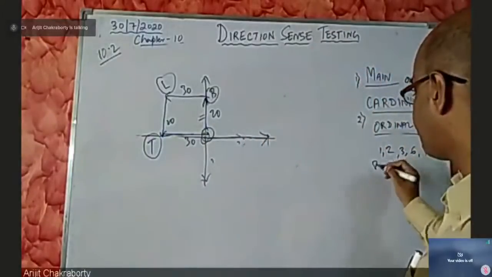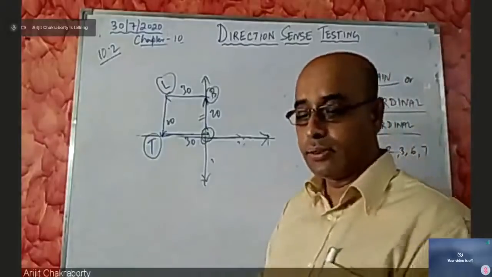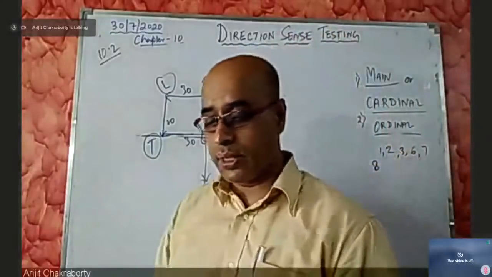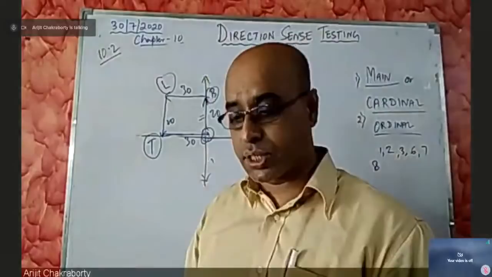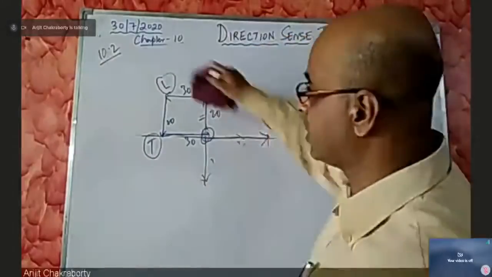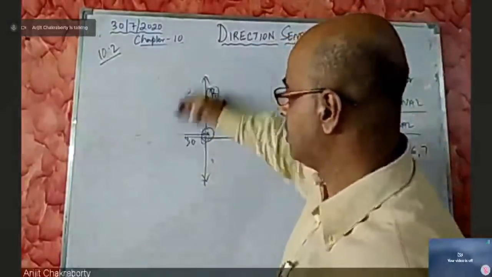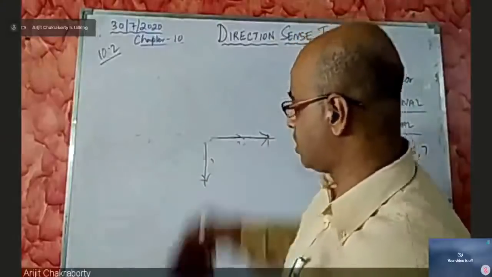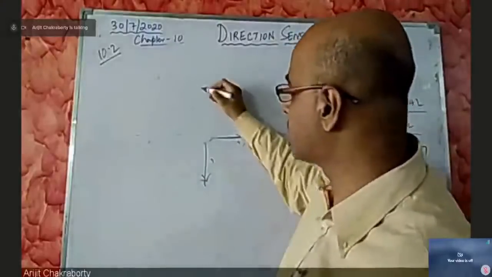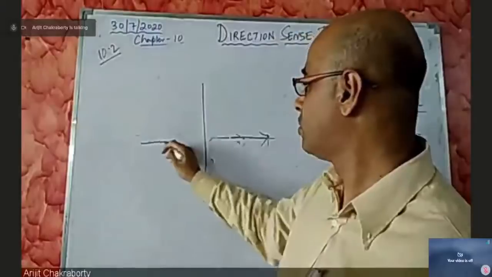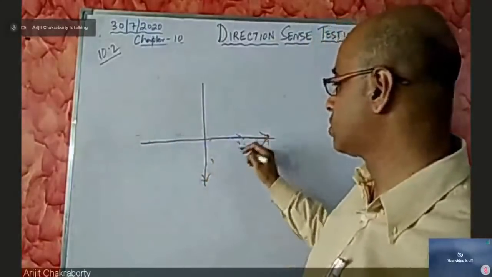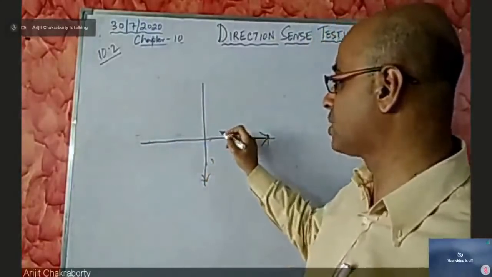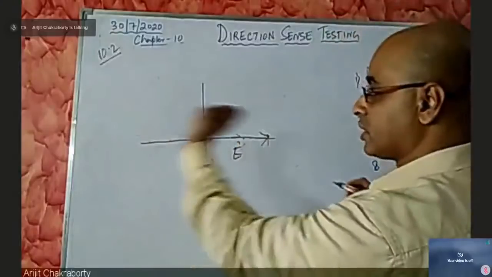Question number 8. A man is facing east. Okay, let's see what further conditions are given. So the man is facing east. So east is this direction. So the man is facing this direction.